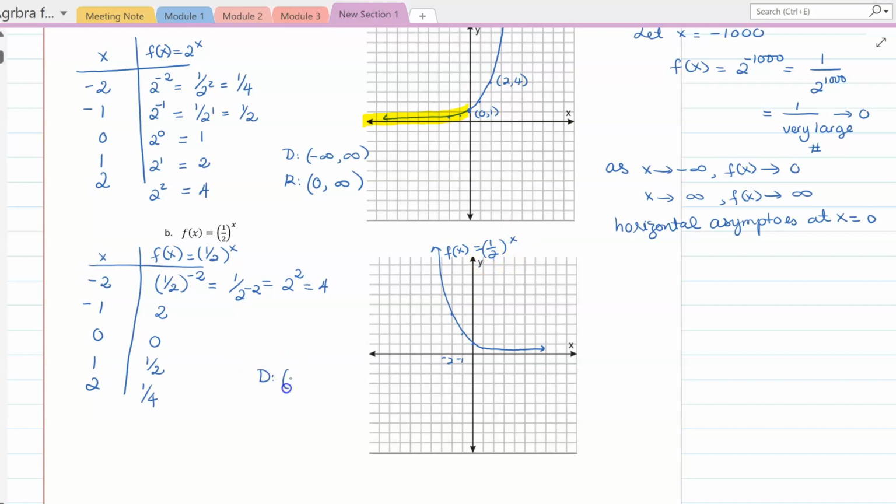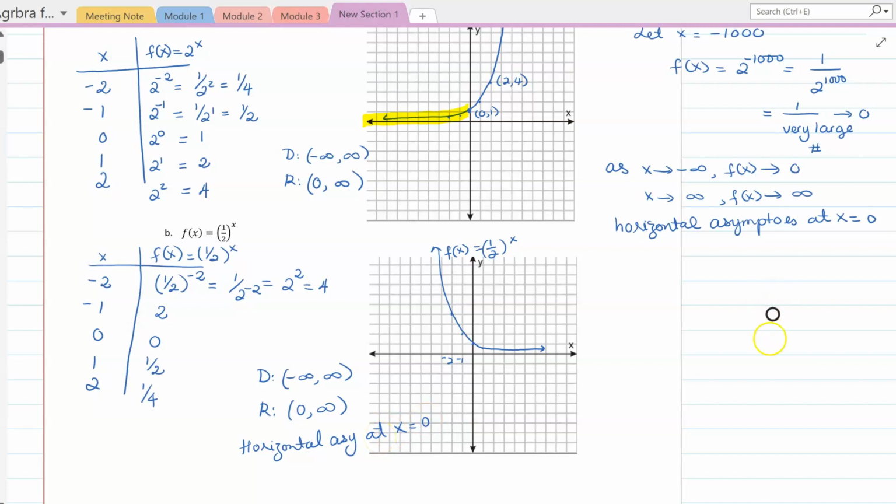Again, the domain here is from negative infinity to positive infinity. And as we can see, the range here goes from 0 to infinity. And we have the horizontal asymptote at y equal to 0.